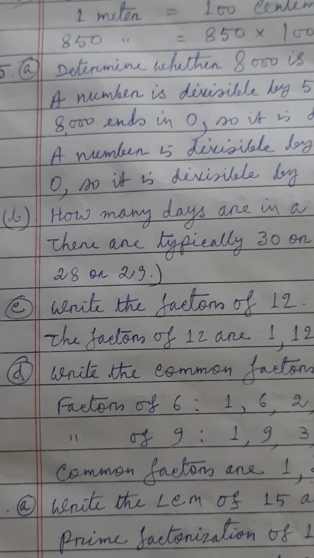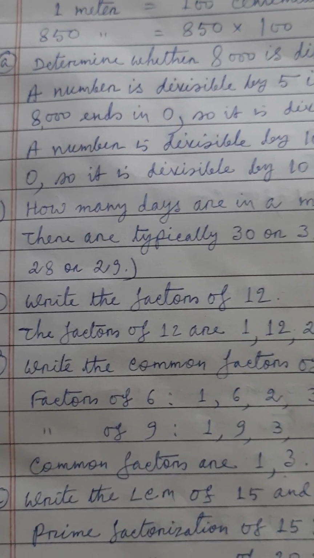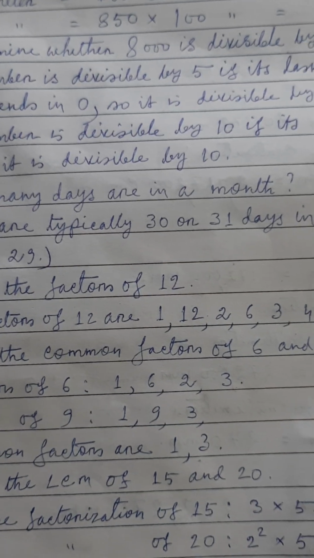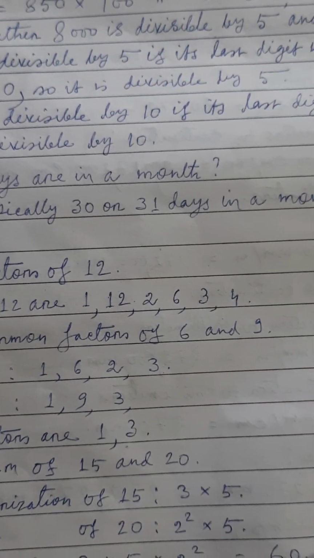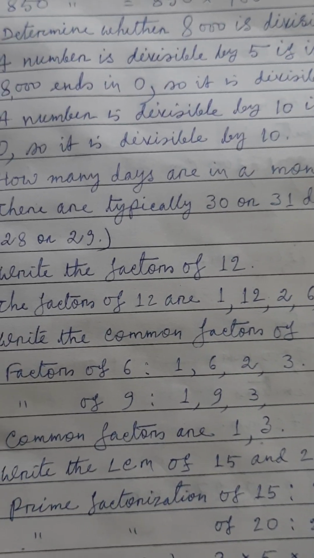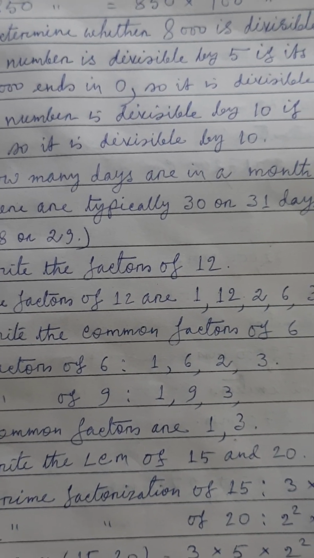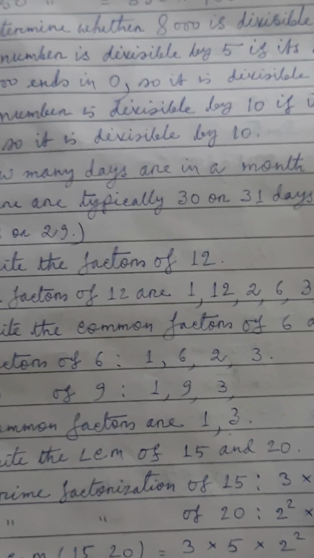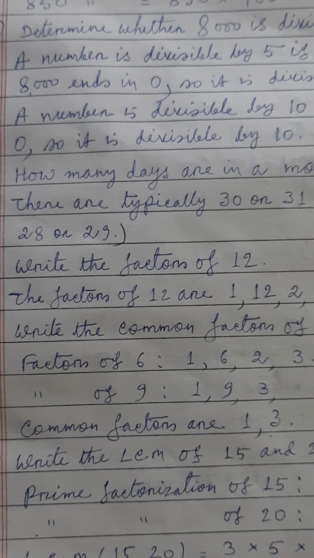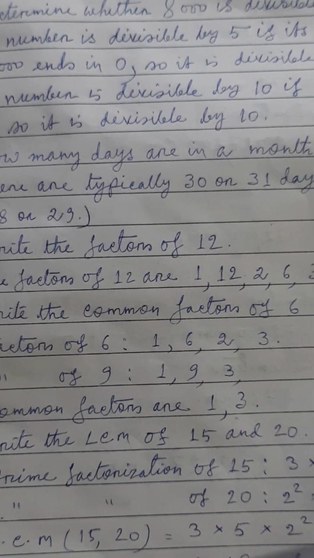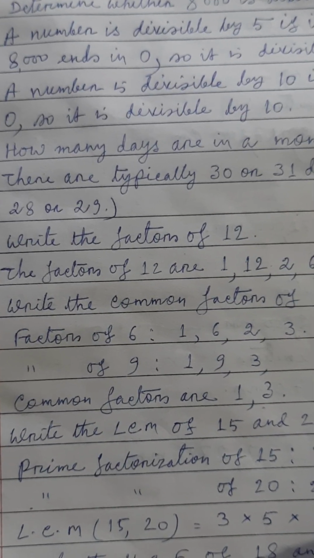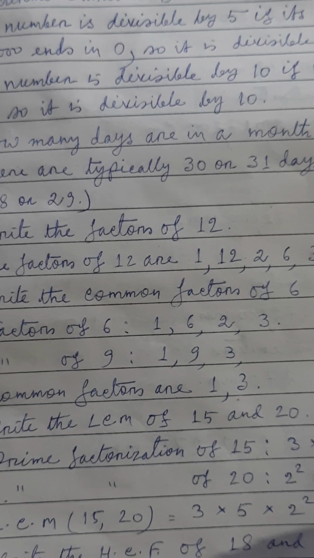Question number D. Write the common factors of 6 and 9. Factors of 6: 1, 6, 2 and 3. Factors of 9: 1, 9 and 3. Common factors are 1 and 3.